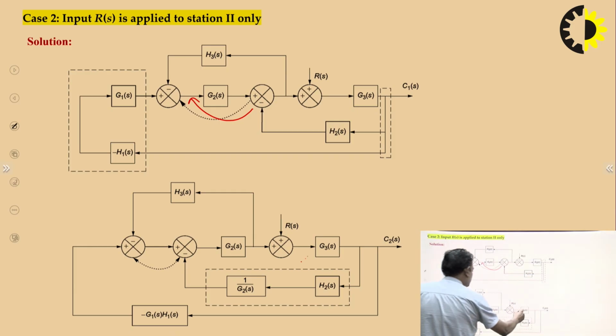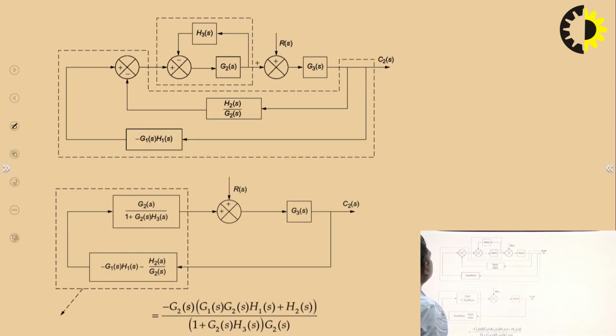So this is the situation here. And you can see at this summing point, this will be in series. So it will become minus G1S H1S, and this H3S comes in the feedback. Okay. So this is the modified block diagram after doing that.